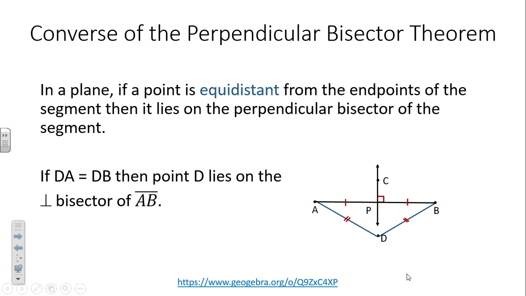So D is an equal distance from A as it is from B, and that's going to force it to lie on line CP, which is the perpendicular bisector. If we extend that line out, D will have to be a part of that line. Has to be on it.